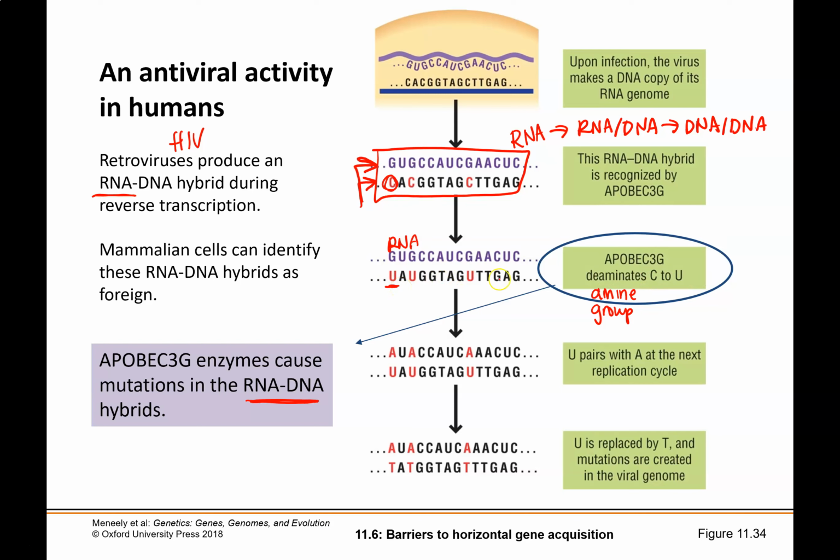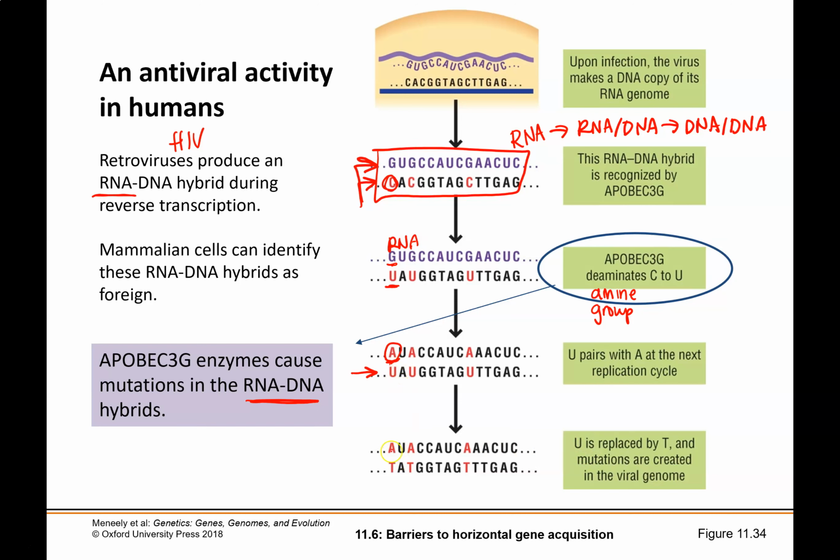So then when that DNA is replicated, and this is our DNA strand, even though it's got a U, it is going to copy that U into the complement, which is an A. So where our original virus sequence had a G, we now have A's.